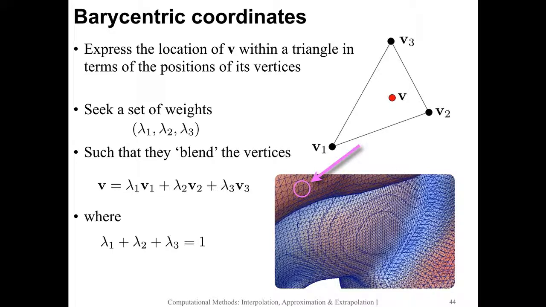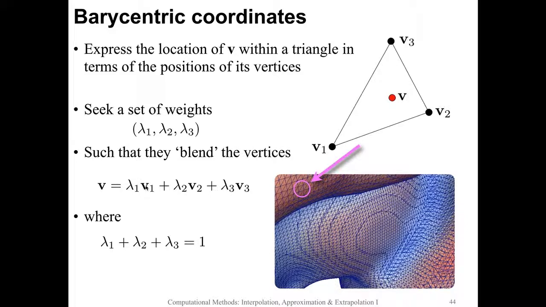So one tool that we can use to help us to do this is something called barycentric coordinates. Basically, the idea behind barycentric coordinates is that we can express any location V that's within the triangle in terms of the actual positions of the vertices of the triangle. What we actually do in practice is to seek a set of weights, lambda 1, lambda 2, lambda 3. These are in fact the barycentric coordinates themselves. What we require is that these weights can be used to blend our vertices.